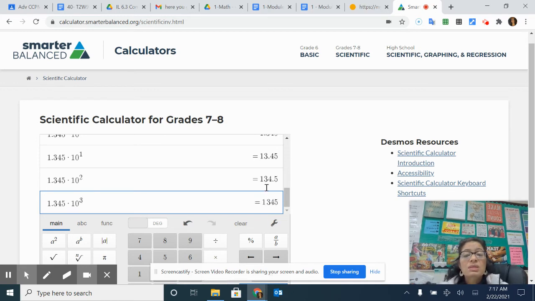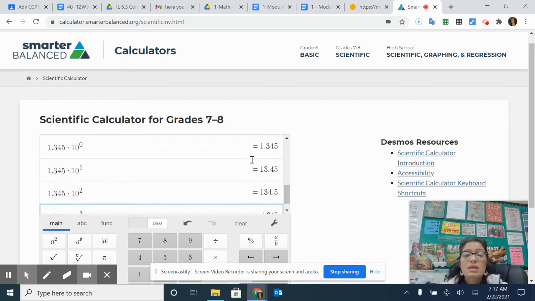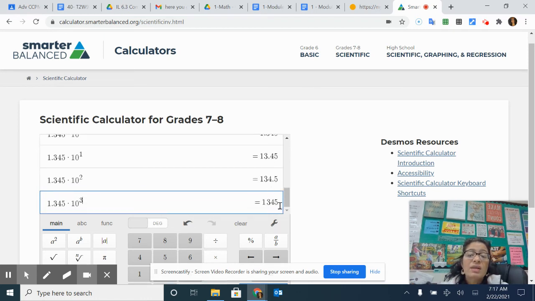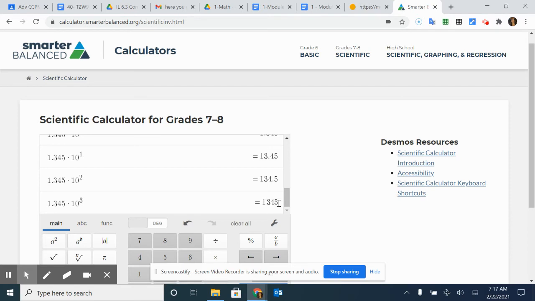Notice here, the decimal was between 1 and 3, then between 3 and 4, then between 4 and 5, and then there's no decimal. Guess what? There's always a decimal, but it doesn't show it when it's at the end. So it's 1, 3, 4, 5, and the decimal is right there.